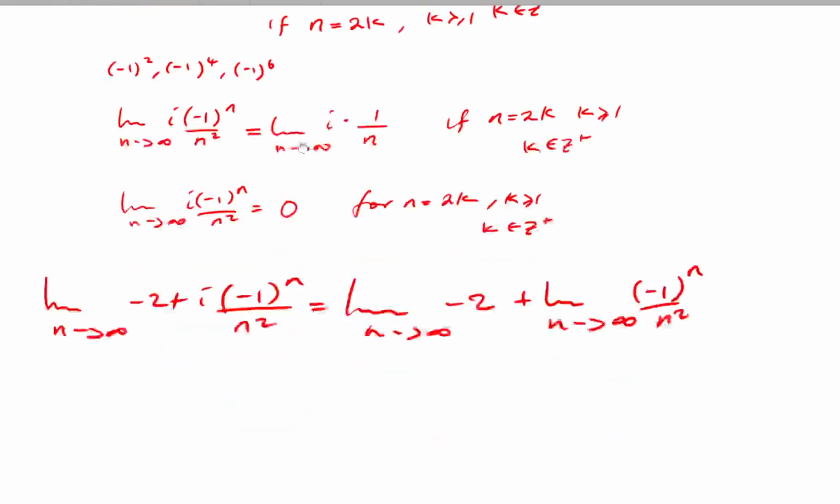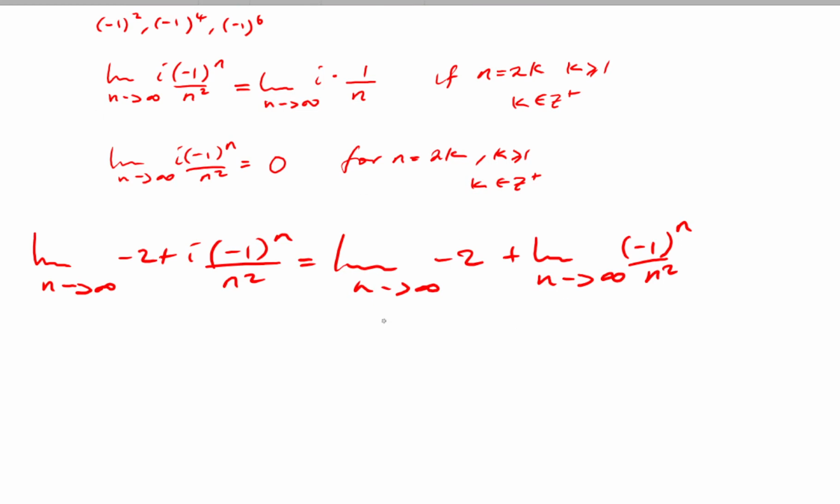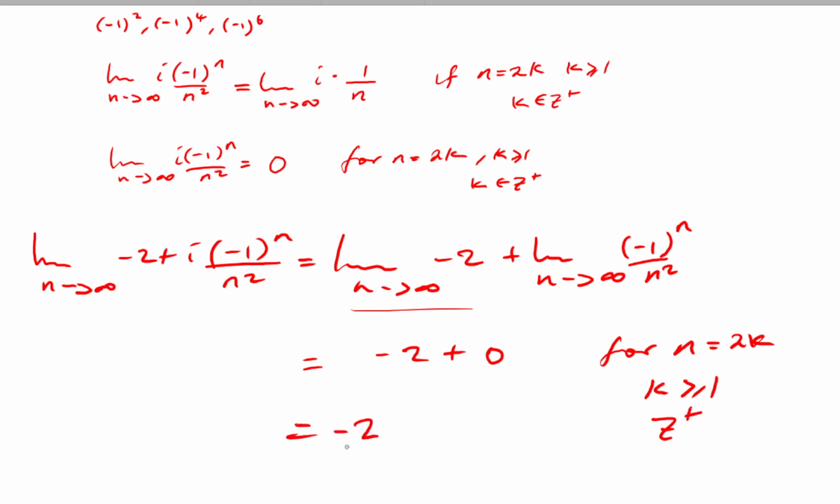So now this part will simply be equal to negative 2, plus this part, which will simply be equal to 0 for n equals 2k, where k is an integer. And basically we have the answer negative 2. So that is basically how you're supposed to approach that question. These are the two conditions that you write there.